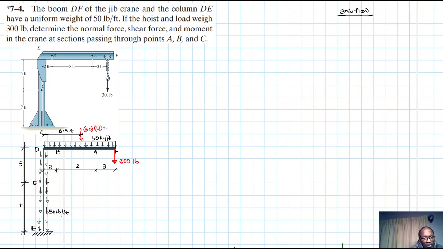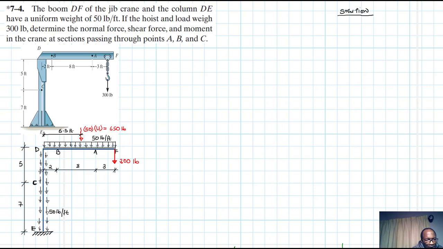And this gives us that 50 by 13 is equal to 650 pounds. And also this distributed force, which is acting on the column, is an axial distributed force. This equivalent force will also be acting at the centroid, which will be the midspan of the column.